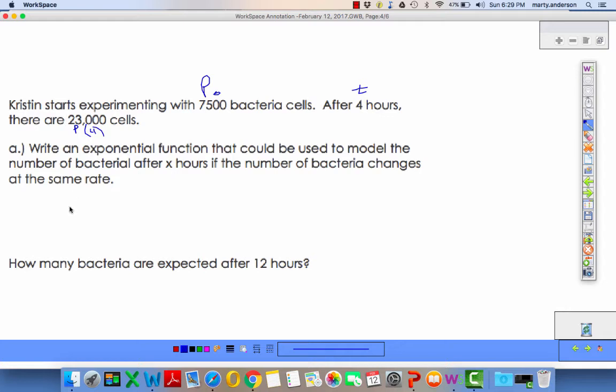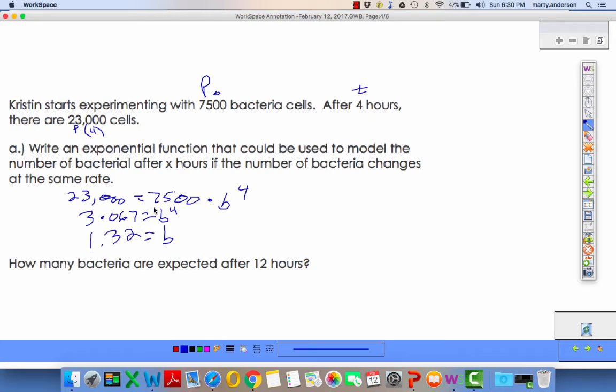So I'm going to do 23,000 equals 7,500 times b to the 4th. Take your 23,000 divided by 7,500, 3.06 equals b to the 4th. Raise that to the power of 1/4. I got 1.32.